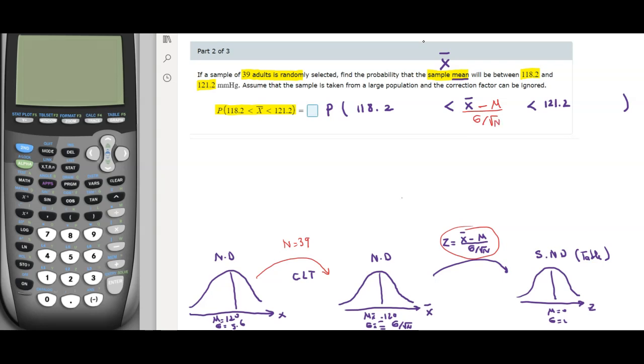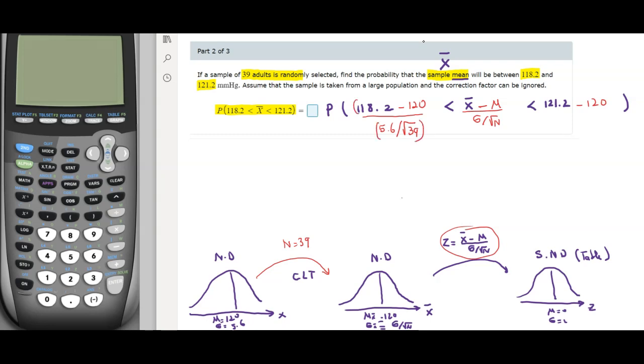For the other two values, we plug in the values of the mean, 118.2 minus 120, and divide everything by 5.6, that's the sigma, divided by radical 39.